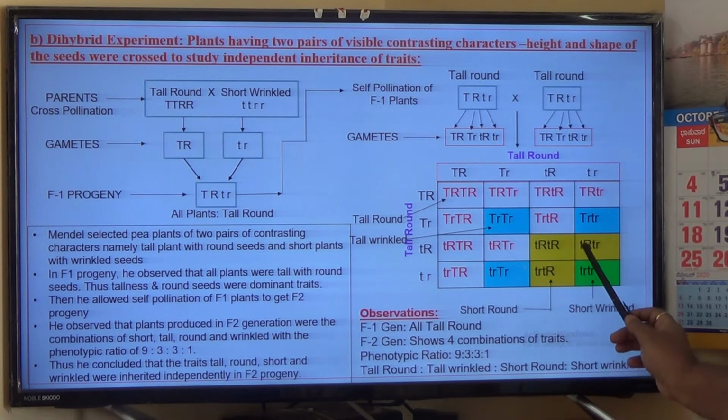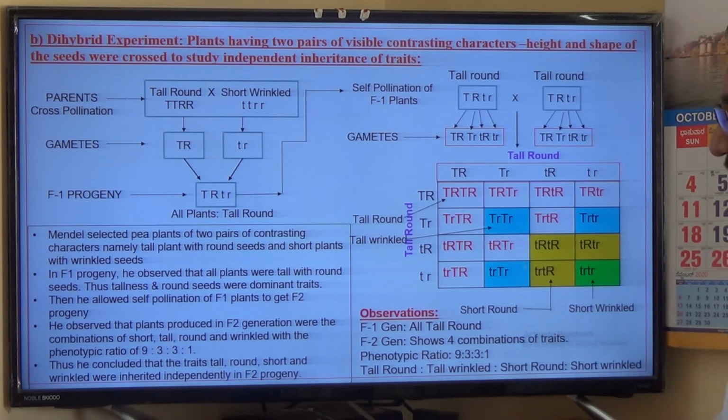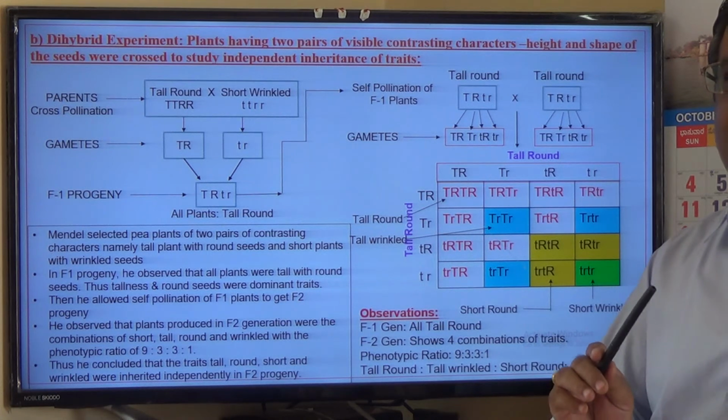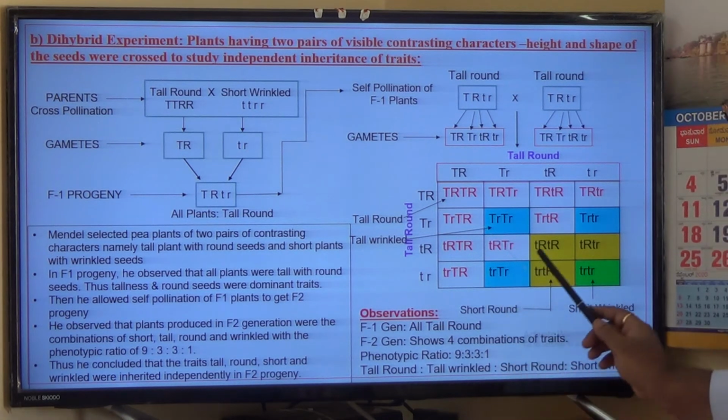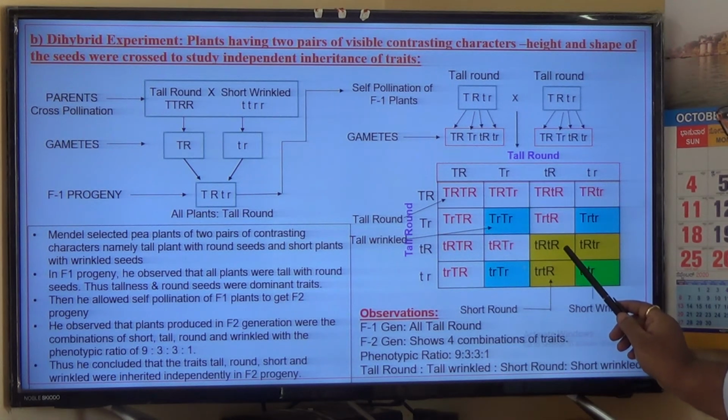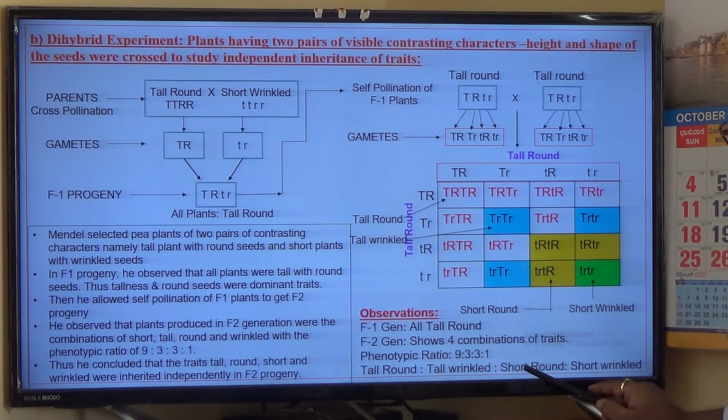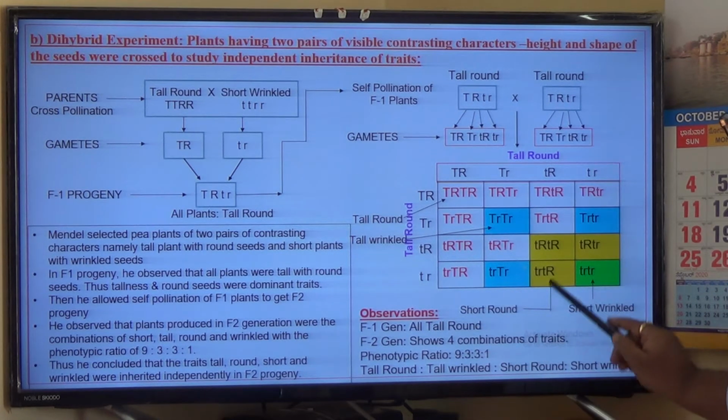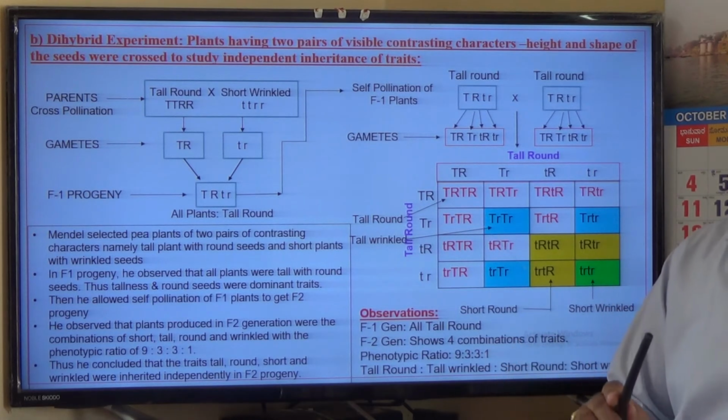Yes, small t everywhere. Meaning definitely it must be a short plant. So short with round seeds, 1, 2, 3. Short with round seeds, 3 plants. And finally we are left with all small letters, small t small r, small t small r, which is short and wrinkled.